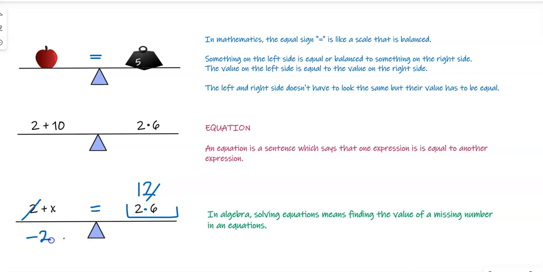Here we will have only x on one side, equals 12 minus 2, which is 10. So the missing number here is 10. The goal is to isolate the variable, or unknown value, on one side of the equal sign, and on the other side to have a number, or known value.